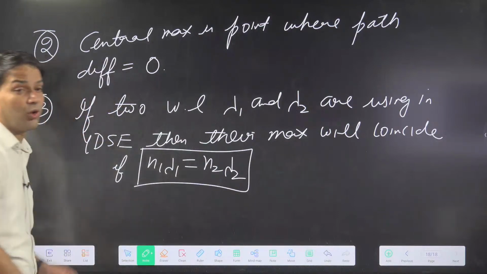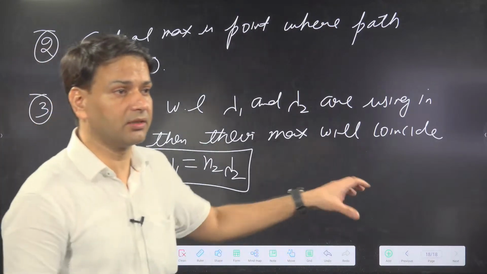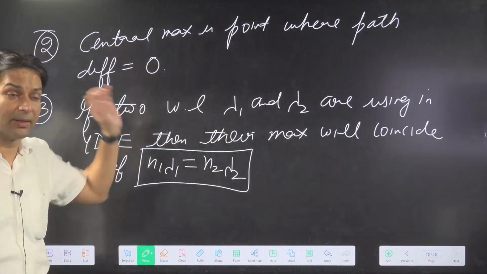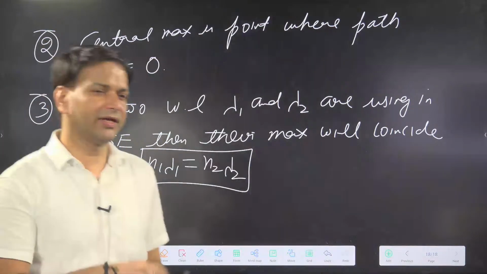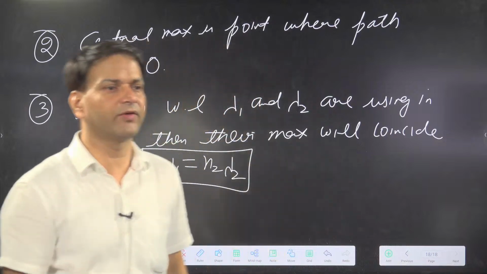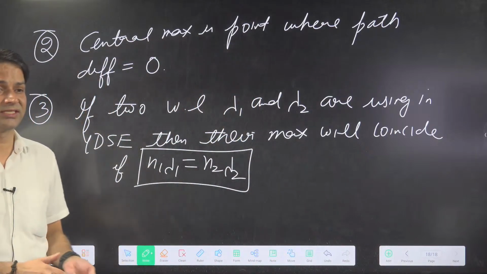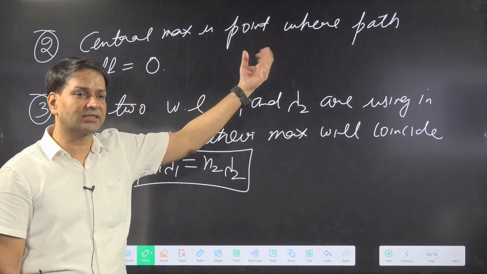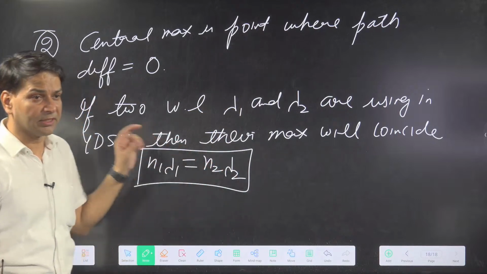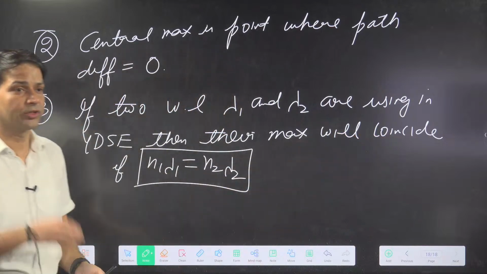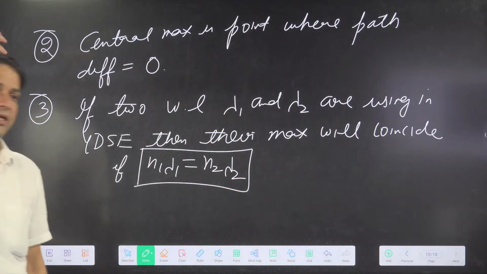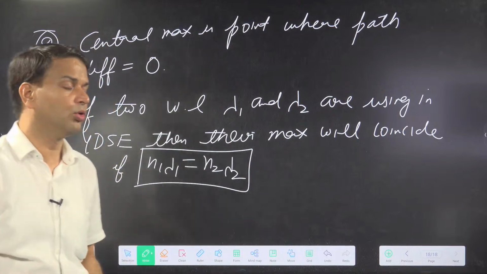This relation is important, and it is possible that a question will come from it. Two wavelengths they will give, and they will ask which maxima of these wavelengths will coincide, or what is the distance of this maxima from the bisector. If they say the maxima coincide, we can use the relation n1 lambda 1 is equal to n2 lambda 2.